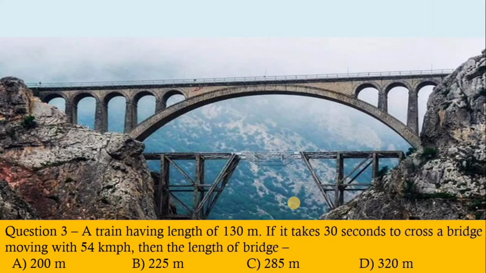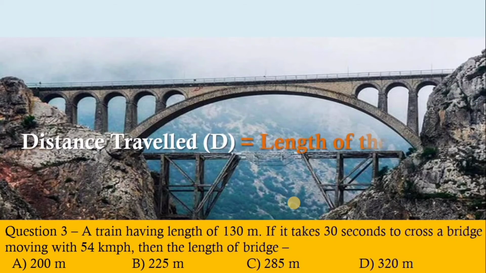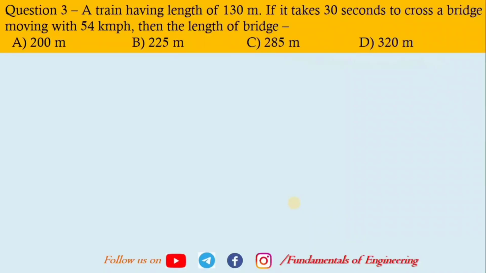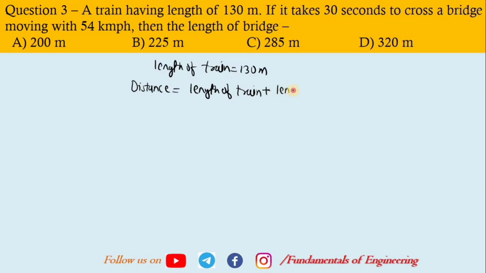So here the distance traveled by this train is equal to the length of the train plus the length of the bridge, and here we need to calculate the missing length of the bridge. So how are we going to calculate? We have the length of the train as 130 meters. Now the distance traveled is equal to the length of the train plus the length of the bridge.